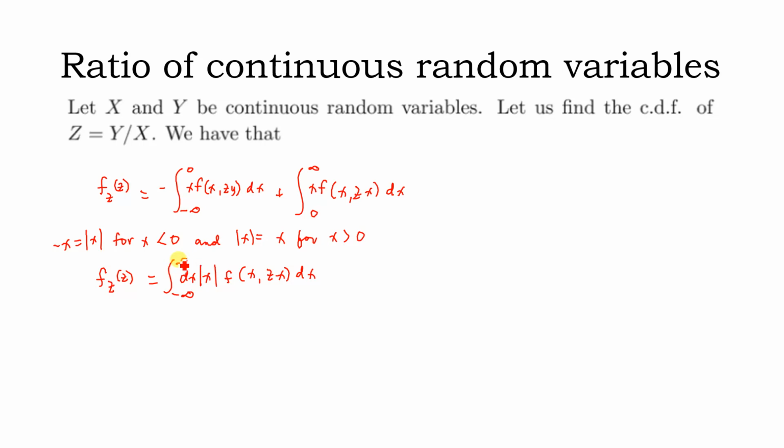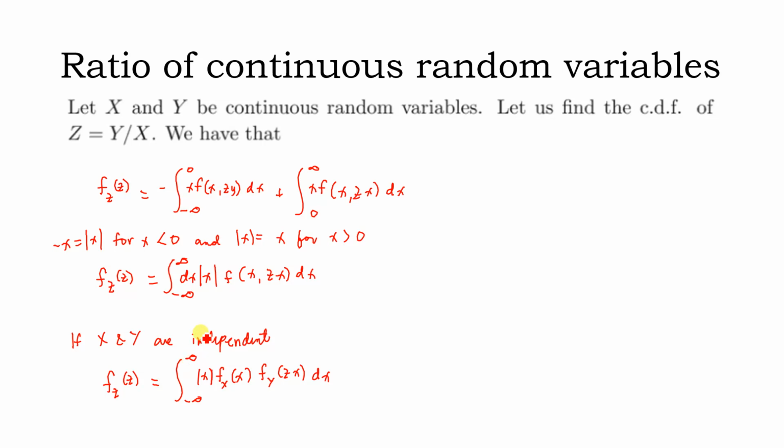And if X and Y are independent, we could have the density function of z be the integral of the absolute value of x times the function of x times the function of y in terms of zx dx from negative infinity to positive infinity.